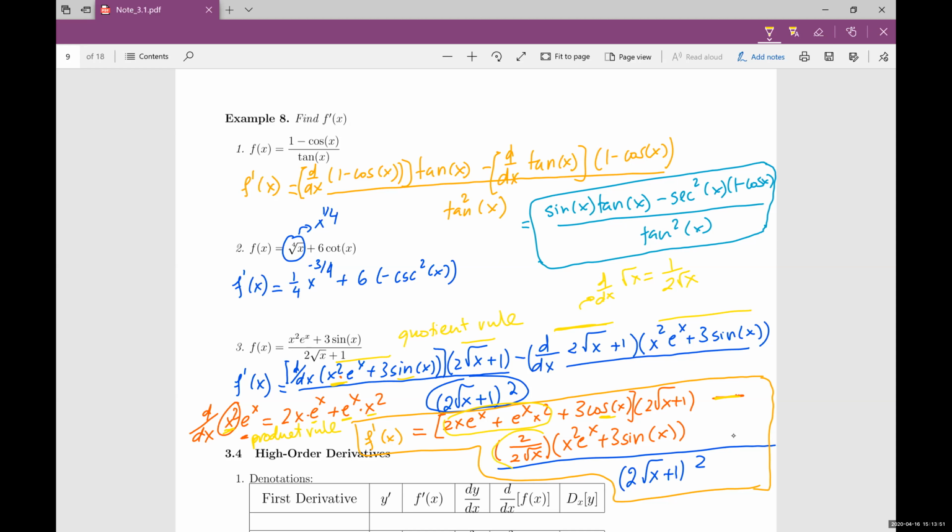So this is the derivative of the bottom function, and multiply to the top. And you take everything divided by the bottom function squared, which is what you want to find.